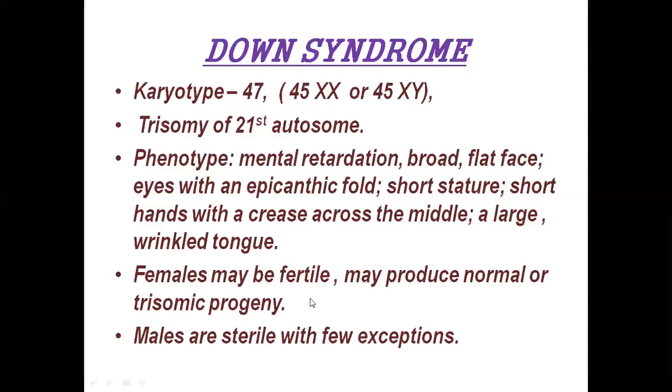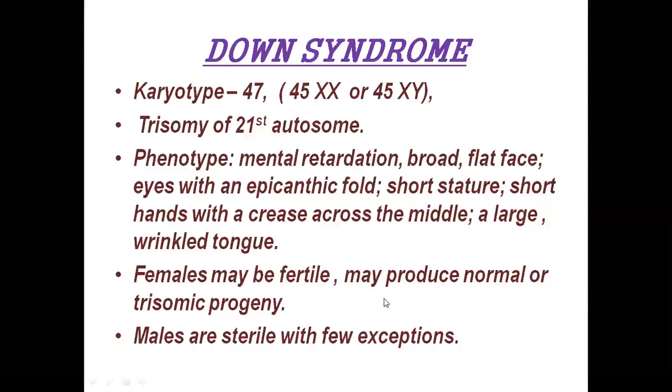Females may be fertile and may produce normal or trisomic progeny, but males are sterile with very few exceptions. Mean life expectancy is about 17 years, and only 8% of persons with Down syndrome survive past the age of 40 years. Therefore, the lifespan is very short.